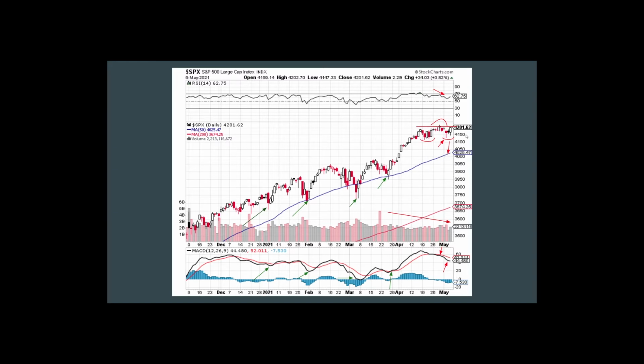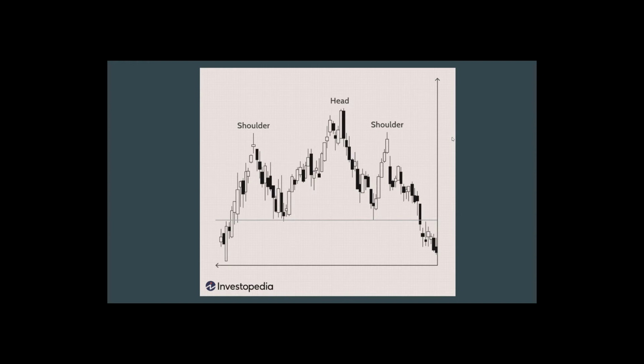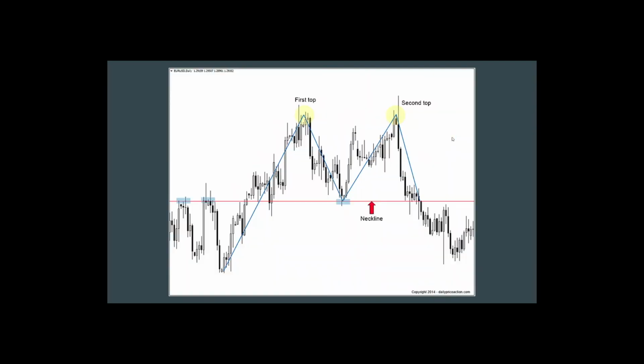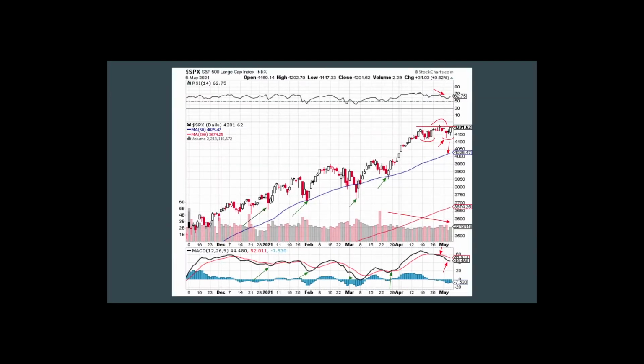We have all these technical indicators to now show us that, hey, maybe this market isn't headed to the moon right this particular moment. I see a top that is formed here at 4,200. Not only that, I've taken the time to very quickly draw a mini head and shoulders pattern that we just described over here. That is now forming on the daily chart of the SPX.